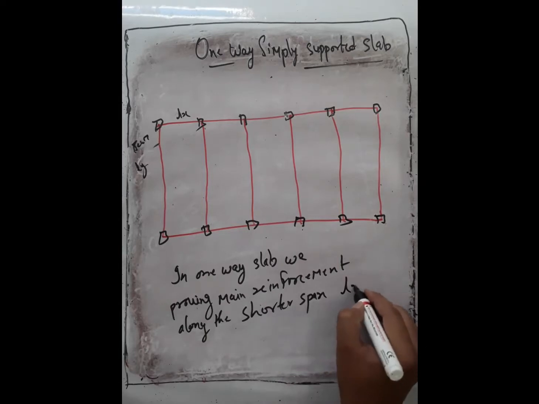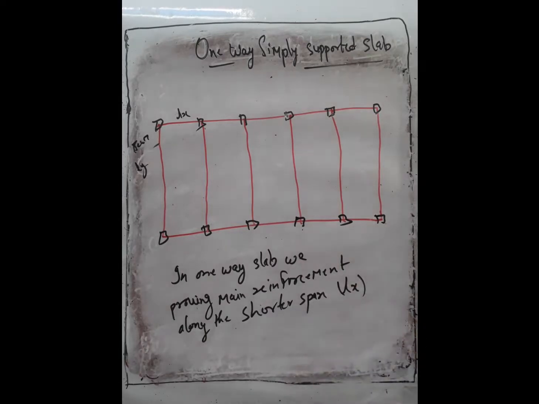Here the shorter span is Lx, so main reinforcement is provided along the shorter span.